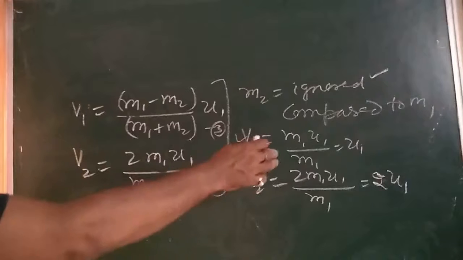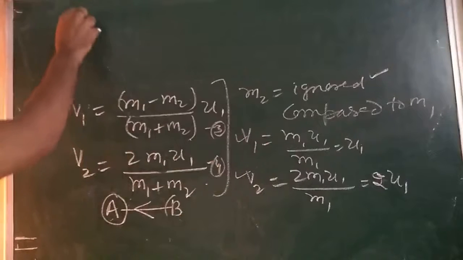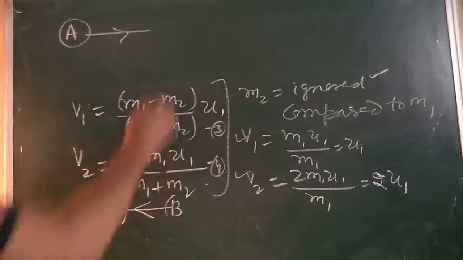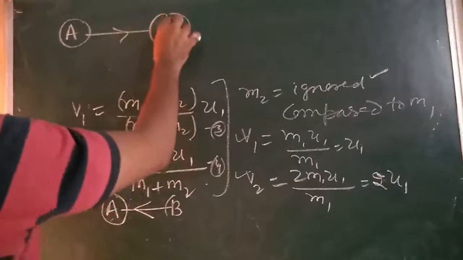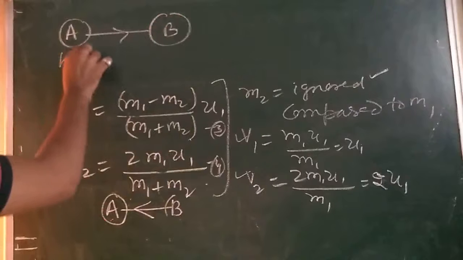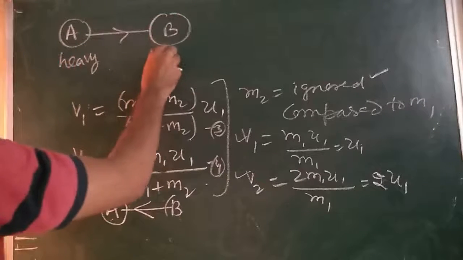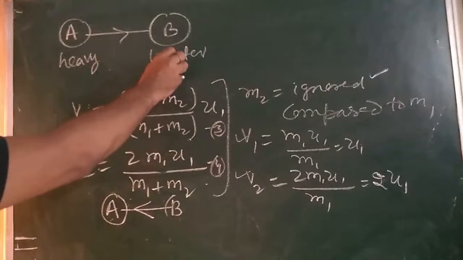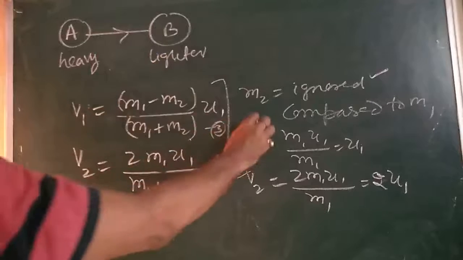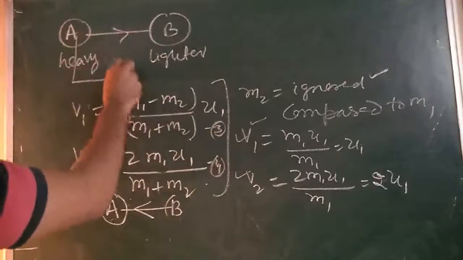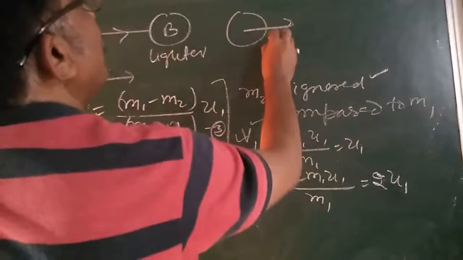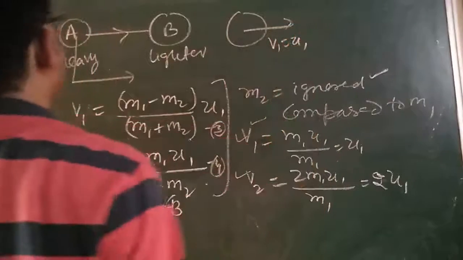When a heavy body A undergoes an elastic collision with a lighter body B, and they collide, the body A keeps on moving with the same velocity, that is V1 is equal to U1.